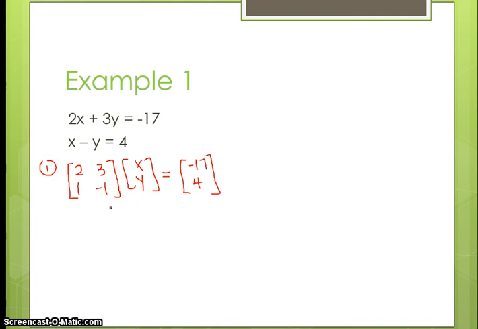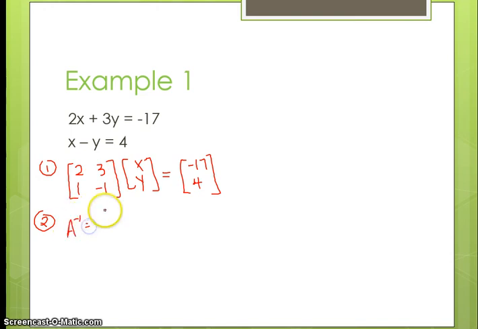Step 2 is to find the inverse. So if you remember, to find your inverse, first off, you find your determinant, so that'd be -2 minus 3, so -5.